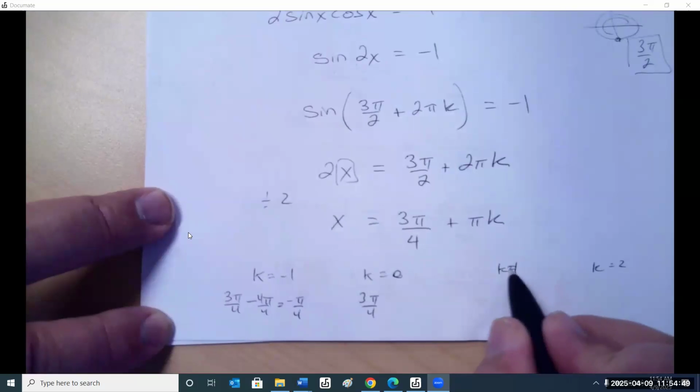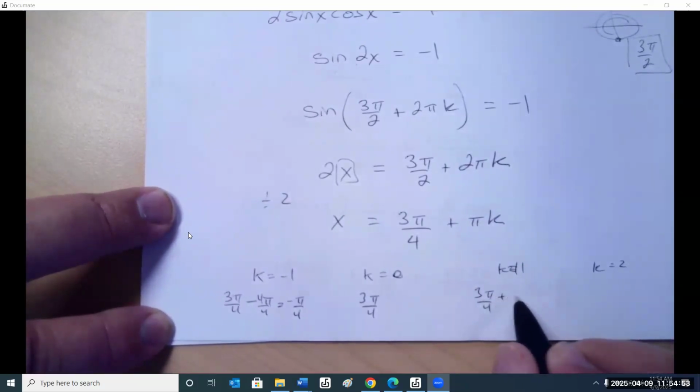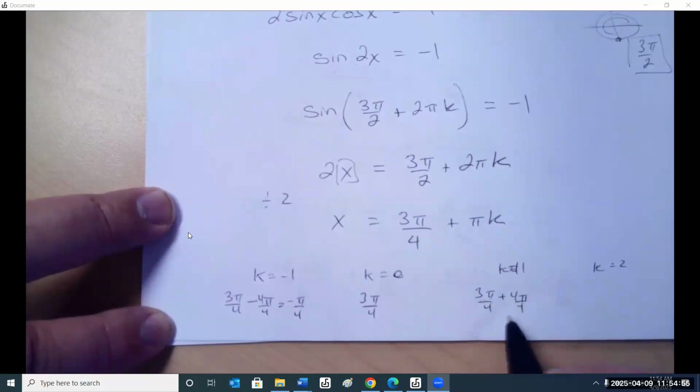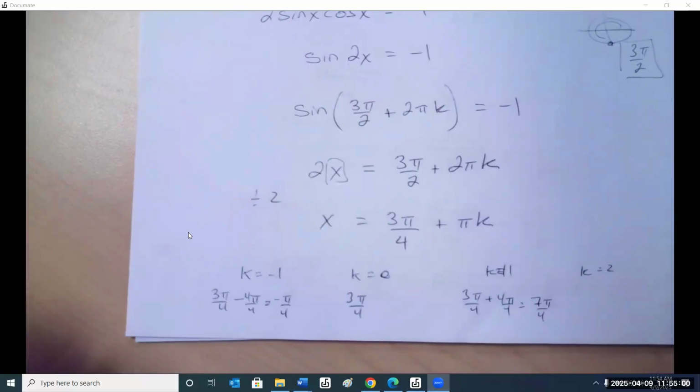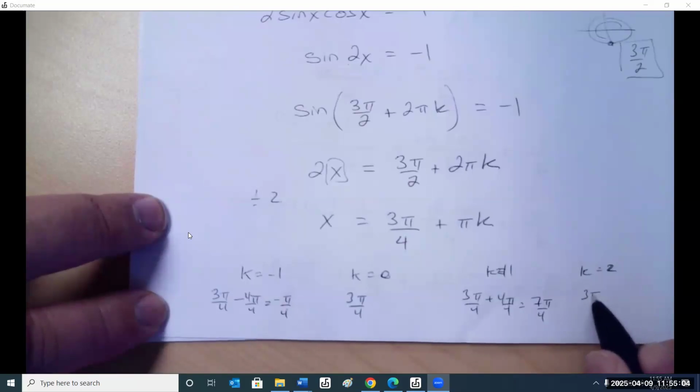When k is 1, we have 3 pi over 4 plus 4 pi over 4, makes it 7 pi over 4. And when k is 2, we have 3 pi over 4 plus 2 pi, makes it 8 pi over 4, which makes it 11 pi over 4.